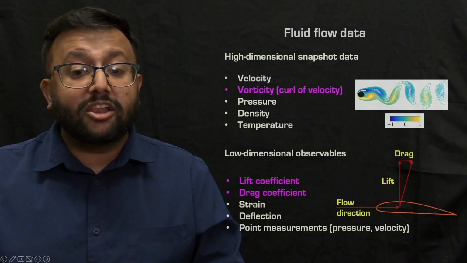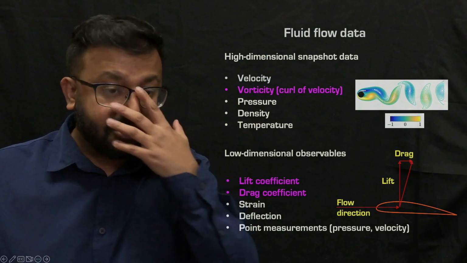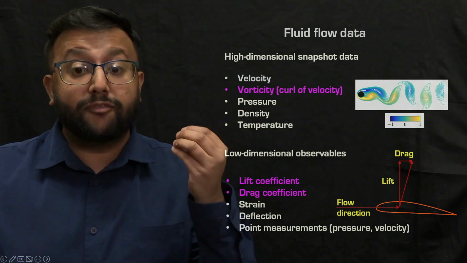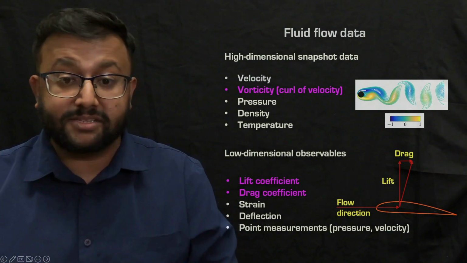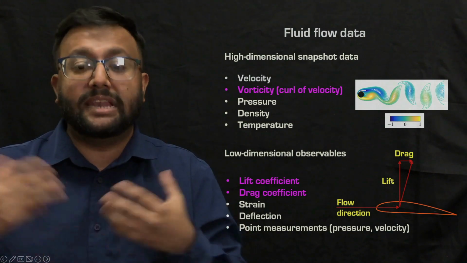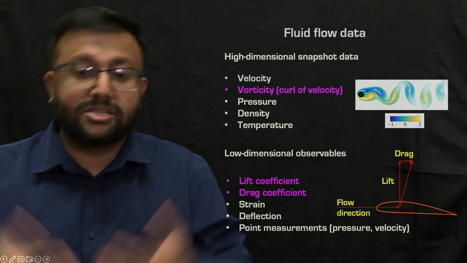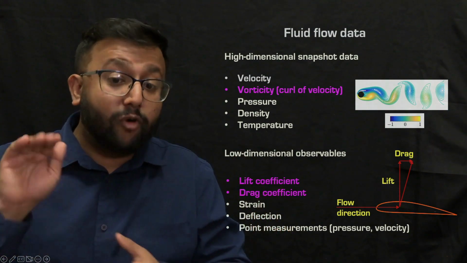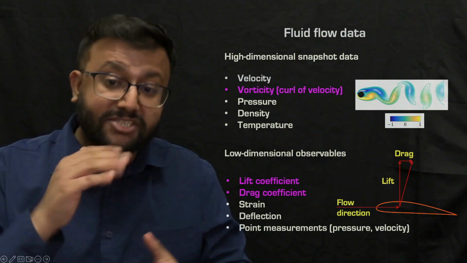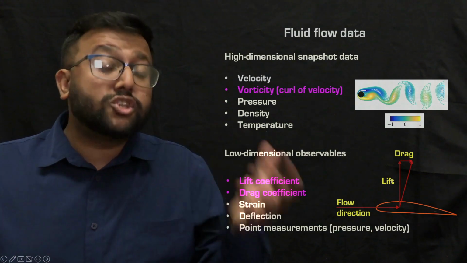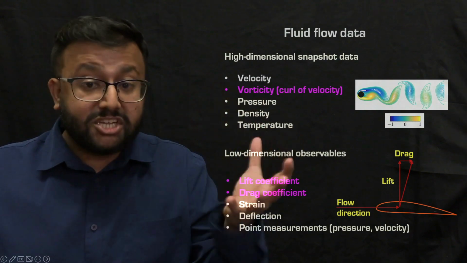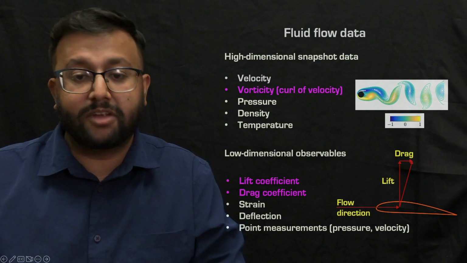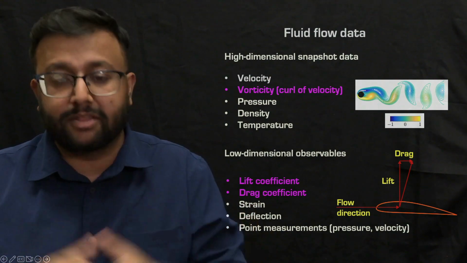For low-dimensional observables or measurements, we can measure the lift and drag coefficients that the body experiences, which are computed from the lift and drag forces. The lift force is the force opposing the weight of the body, and the drag force is the force opposing the thrust of the body. We can also measure strains and deflections of the body, especially if the body is flexible and embedded within the flow.